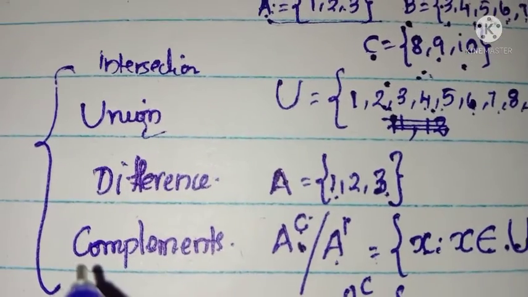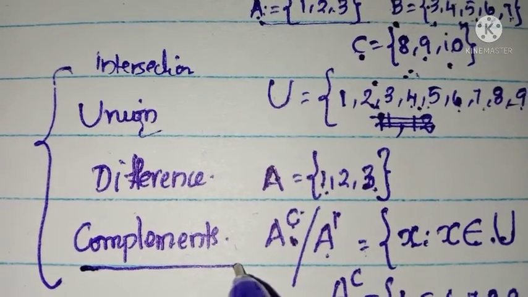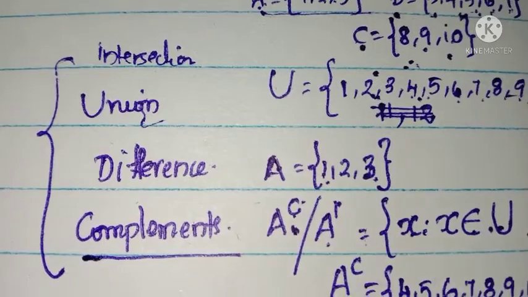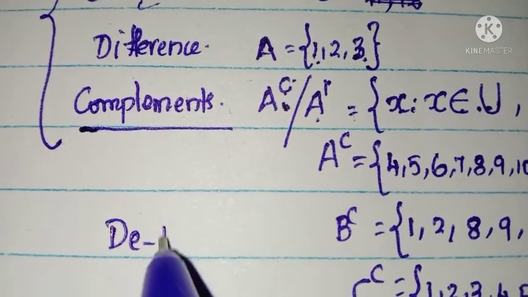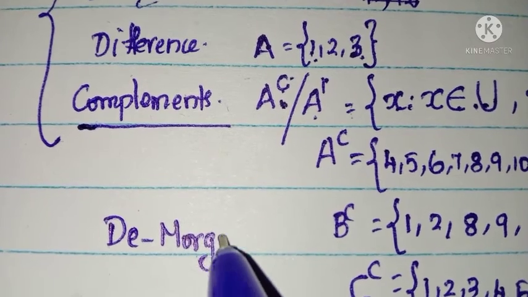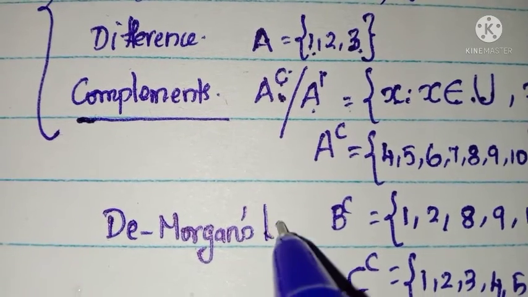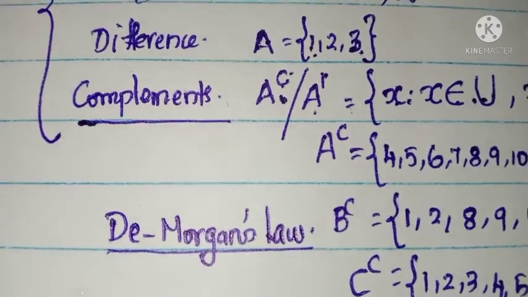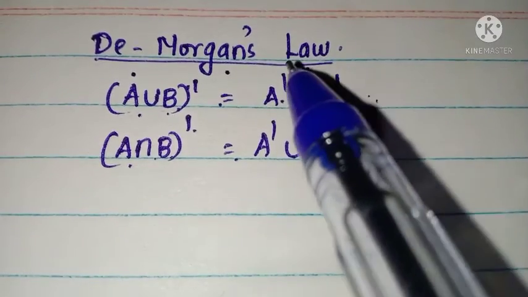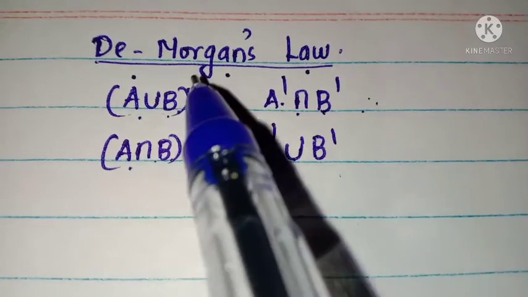Okay. Now listen, there is an important result based on this complement of a set, that is known as De Morgan's law. It's very important, De Morgan's law. There are two results belonging to this law.